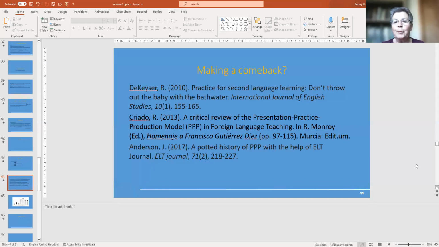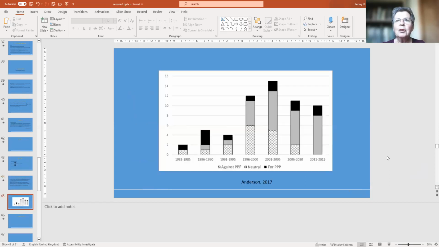He looked at where PPP is discussed in articles in the ELT Journal over the last few decades, and he comes up with this very interesting diagram. Against PPP is the dotted part, neutral is gray, and black is in favor.